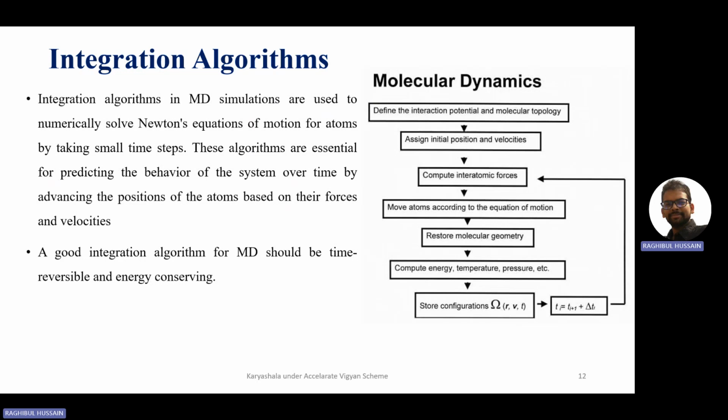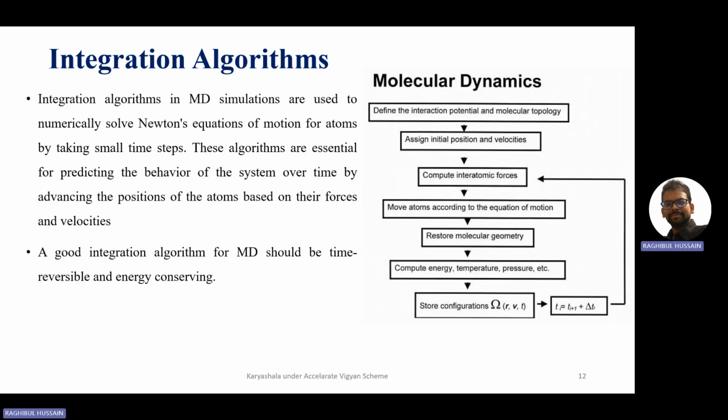Compute interatomic forces. Mainly interatomic forces means the non-bonded forces, right? Okay, the hydrogen bond interaction, the van der Waals interaction, the Coulomb interaction, those things.